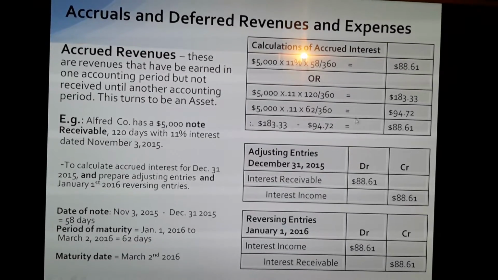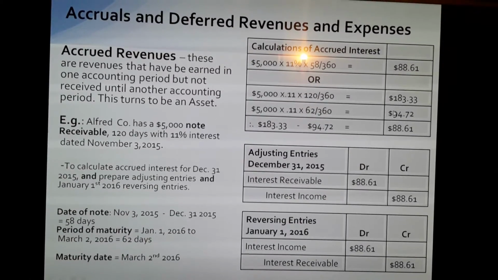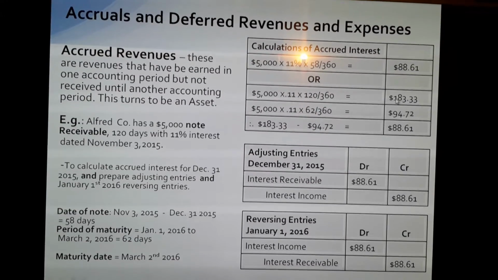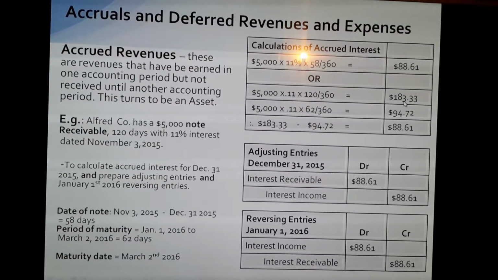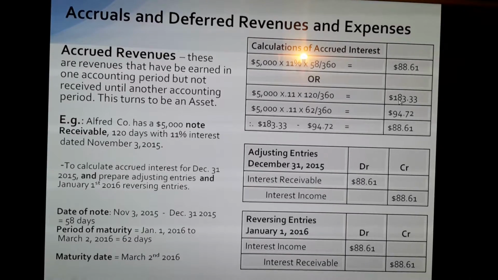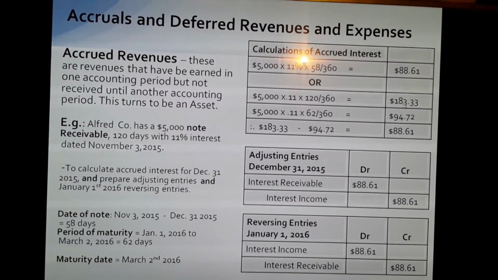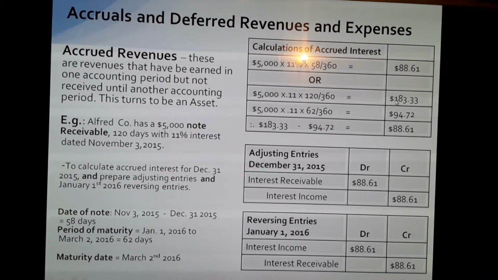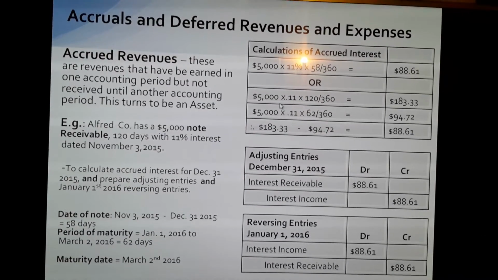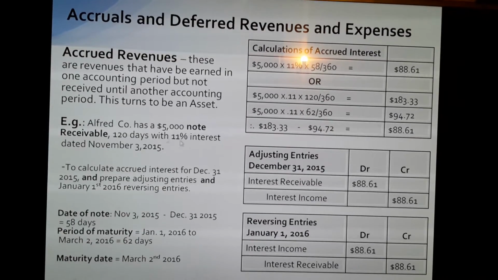At the end of the period, you will receive $183.33. This is the interest that you will receive for holding these notes for 120 days. That's a good amount.